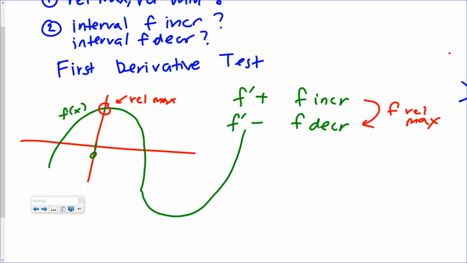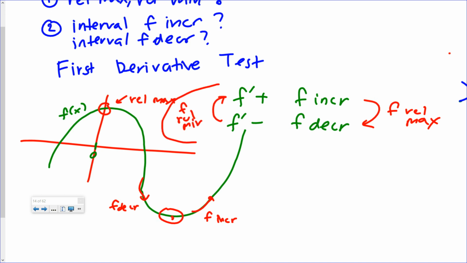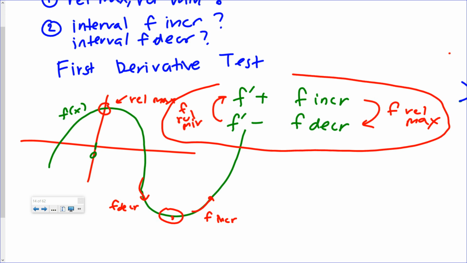What if I brought this back up, okay? If f changes, do you agree f is decreasing here? If f changes from decreasing to increasing, what happens right here at that very point that it changes? It's a relative min. So over here, I'm going to put relative min, okay? Relative min. And I call this the first derivatives test water cycle, okay?